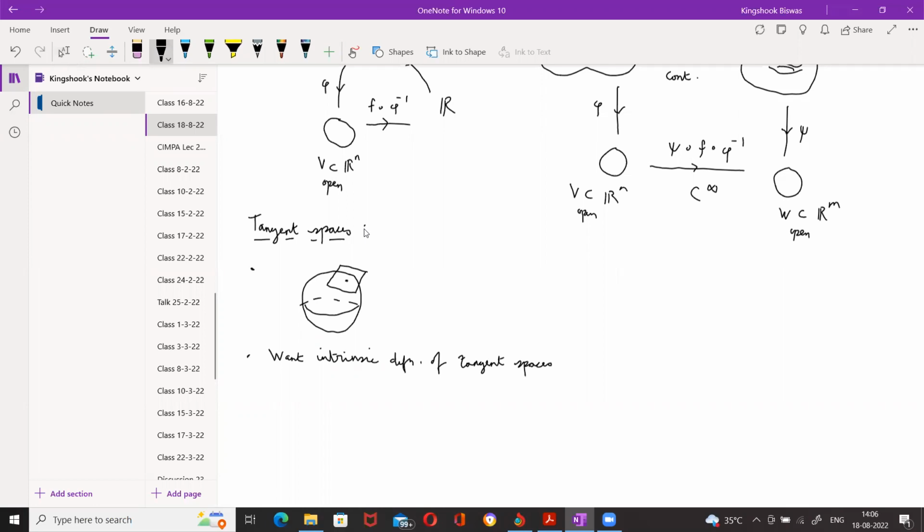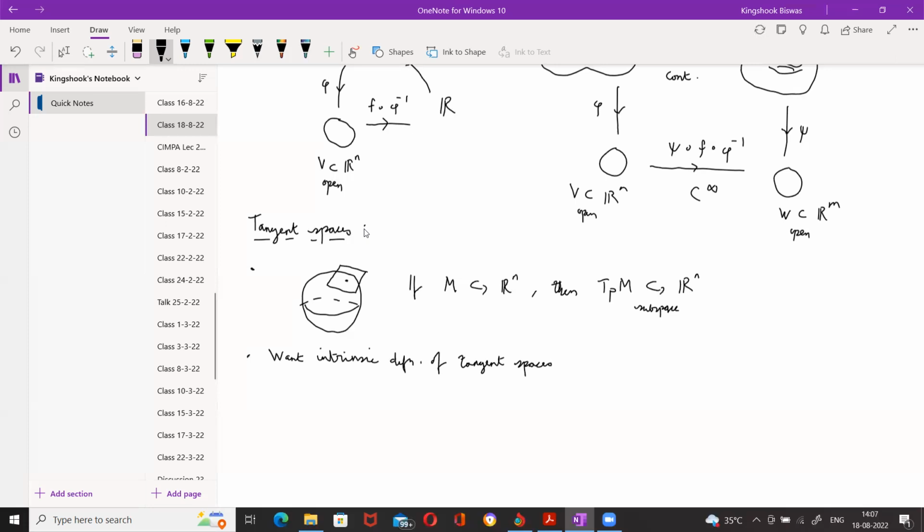In this case for the sphere, if M is embedded into some Rn, then we're okay. Then TPM, the tangent space, is a subspace of Rn in a natural way.